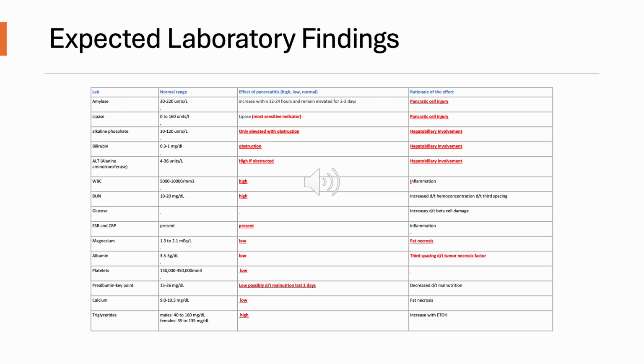Same with calcium. Albumin will be low because of third spacing. And prealbumin is the most sensitive indicator of malnutrition, short-term malnutrition. So if your patient comes in and they haven't been eating for a couple of days, they're going to have a low prealbumin. So that's a good test to look at as well.